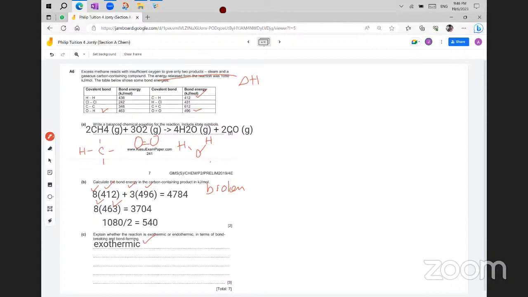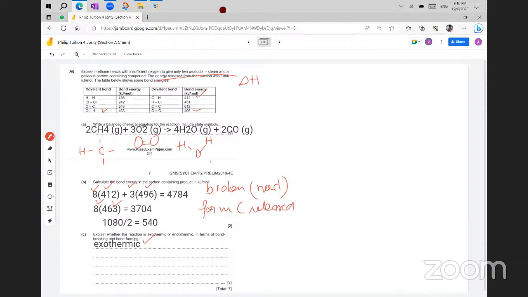That's a better term for ourselves. You need energy to break a bond, and when you form a bond, energy is released. Whether that makes sense for you or not, that's something you have to memorize. So this is broken, and this is formed, and therefore this is released.